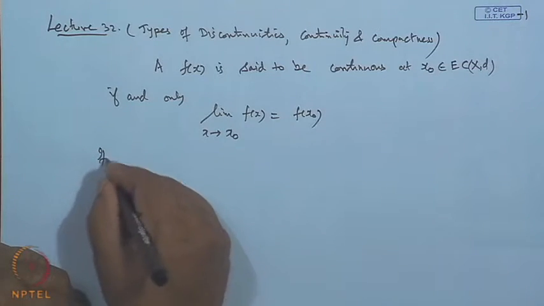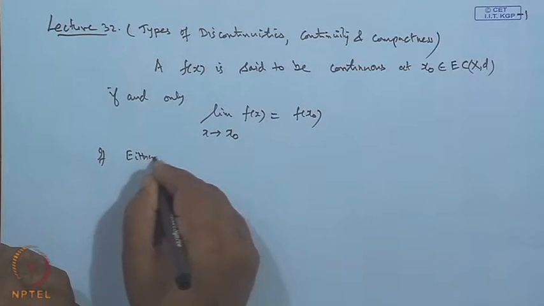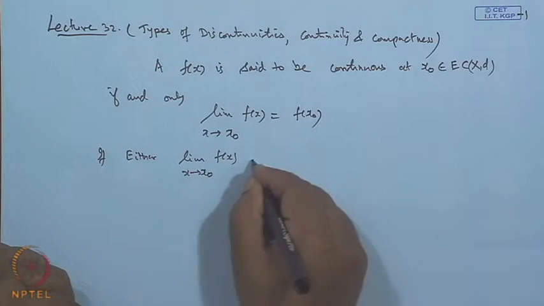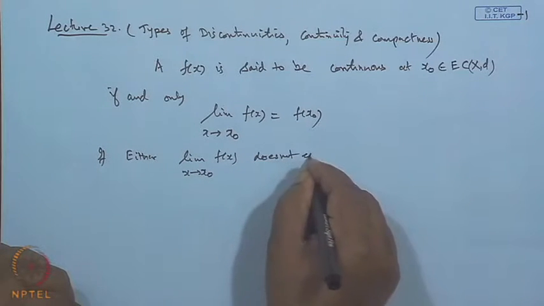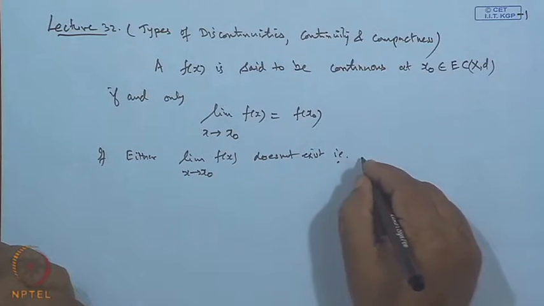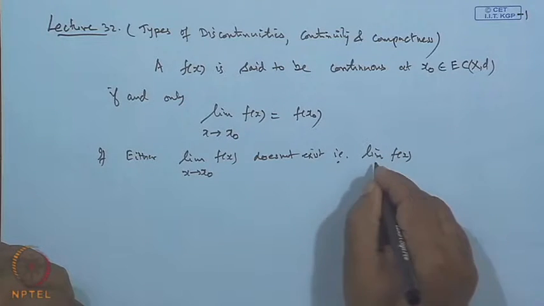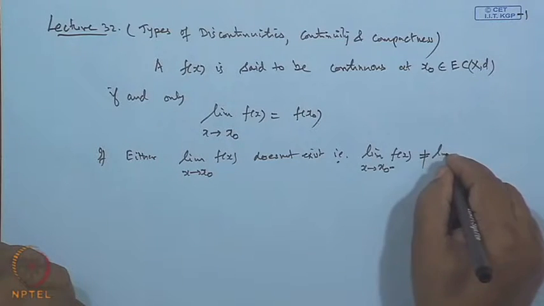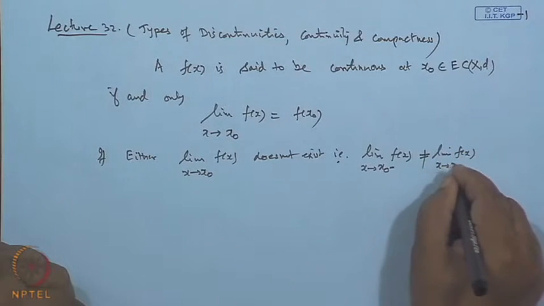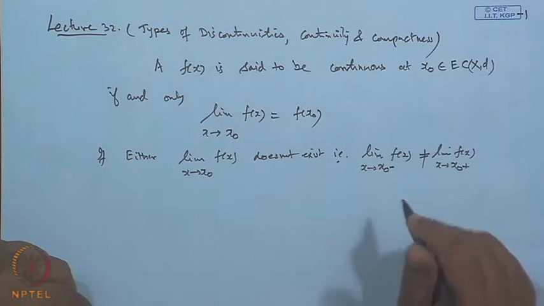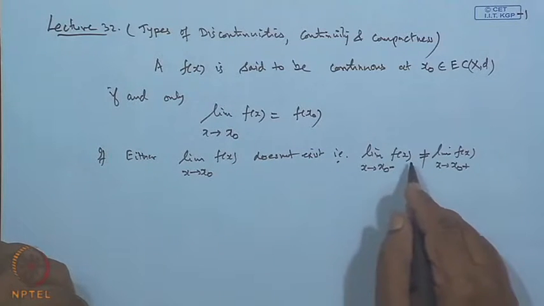If any one of the conditions fails, that is, if either the limit does not exist, that is, the left hand limit of this function when x approaches x naught from the left hand side is different from the limit of f(x) when x tends to x naught from the positive side, then we say the limit does not exist at that point, or maybe the limit comes out to be infinity.